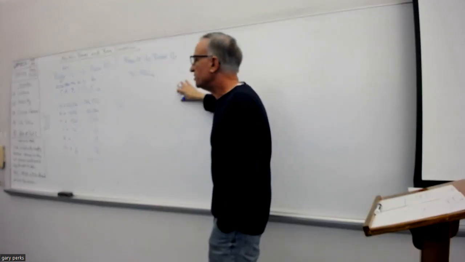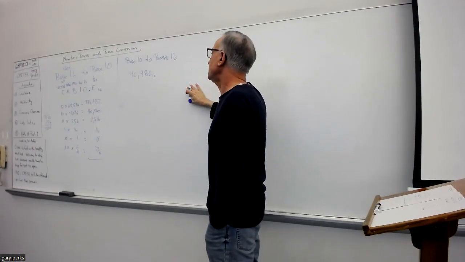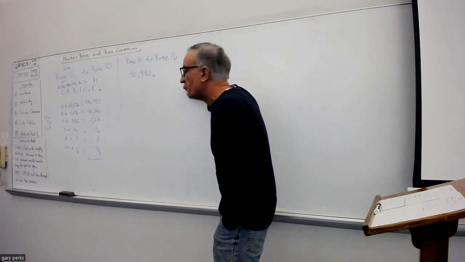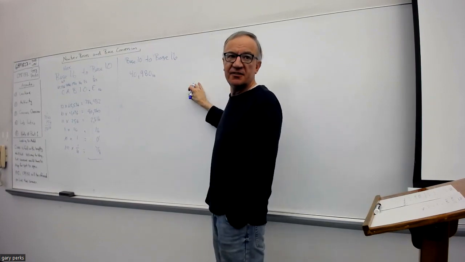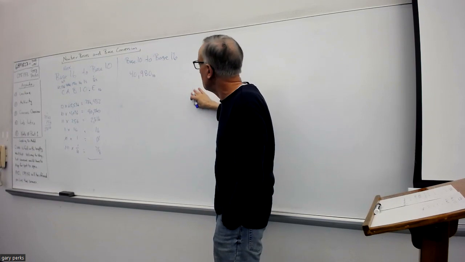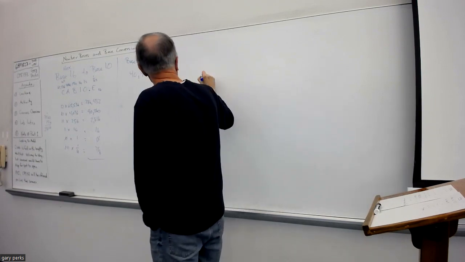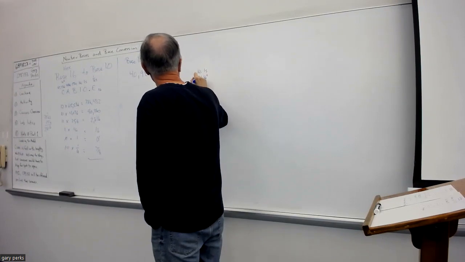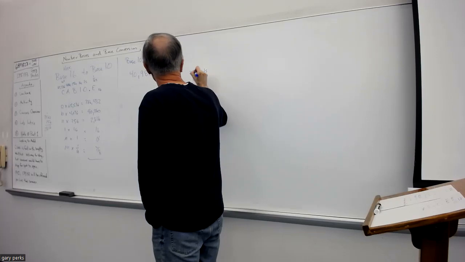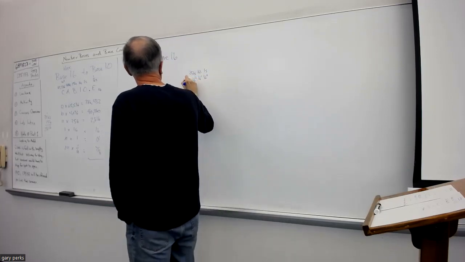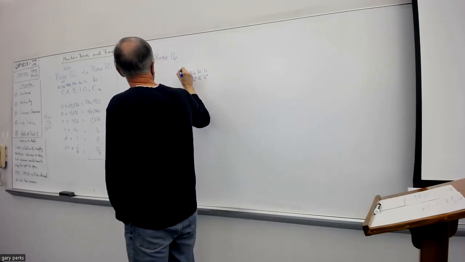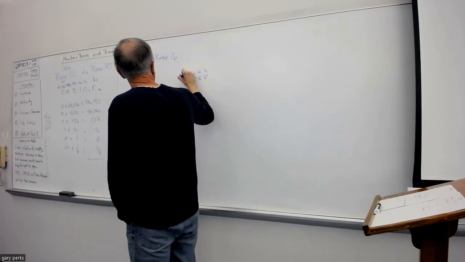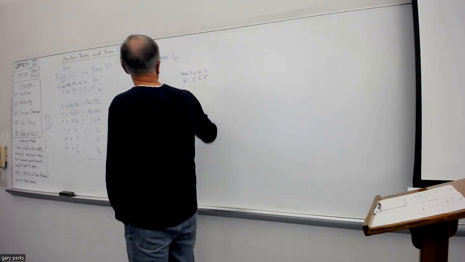Similar to when we went from base 10 to base 2, I write out the columns for base 16. 16 to the 0, that's how many ones, 16 to the 1, how many 16s, 16 squared, the 256s, 16 cubed, that's the 4,096s.